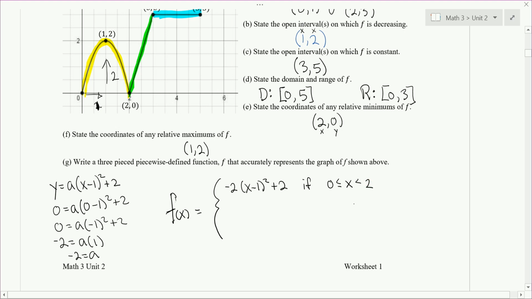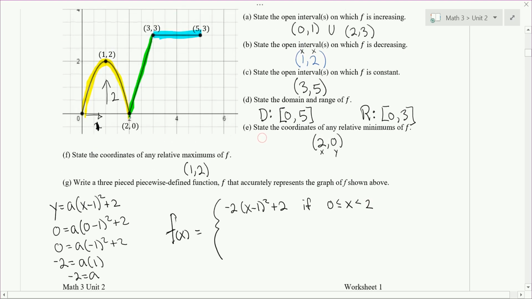The next, we're going to have a line. Notice the slope of this line is up 3, right 1, which is 3. And so it's going to be 3, and then I'll just pick one point, the point (2, 0), which is translated right 2, so x minus 2, and that's our line if x is between 2 and 3.